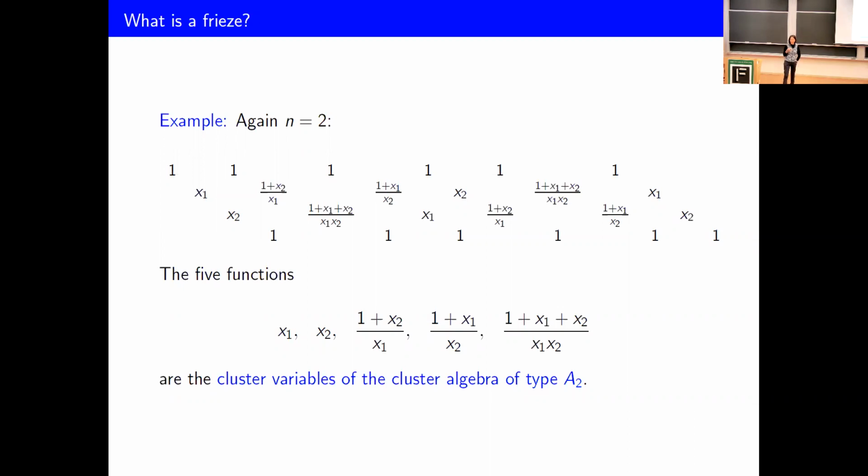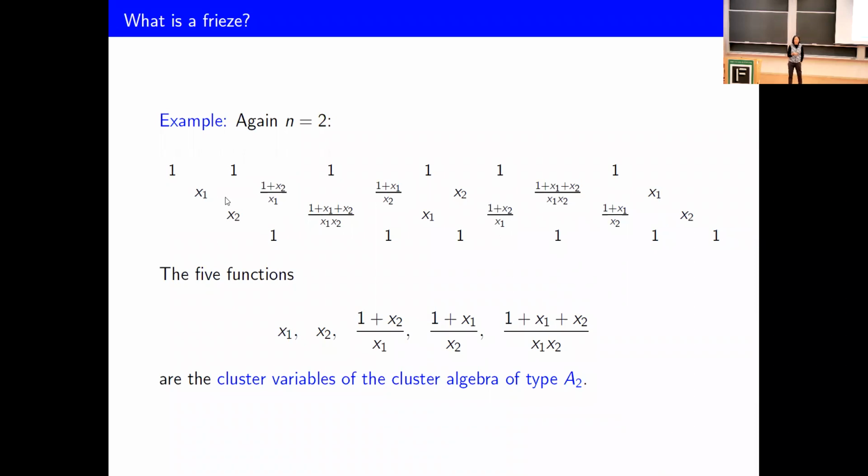Now these are the cluster variables of the so-called cluster algebra of type A2. I have shown you that these 5 functions appear, and when you fill in this generic frieze, they appear many times and periodically.